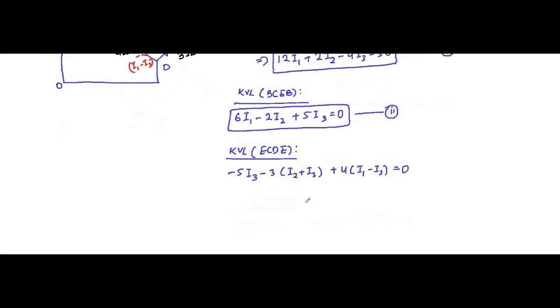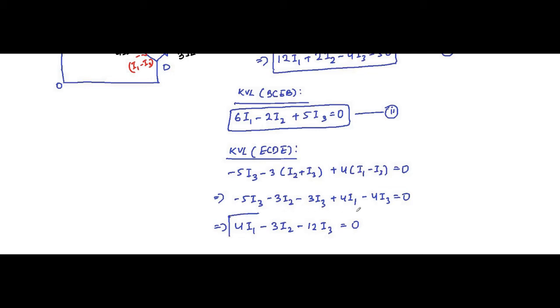If we simplify it further, it becomes minus 5I3 minus 3I2 minus 3I3 plus 4I1 minus 4I3 equals 0. That implies 4I1 minus 3I2 minus 12I3 equals 0. This is equation number 3.